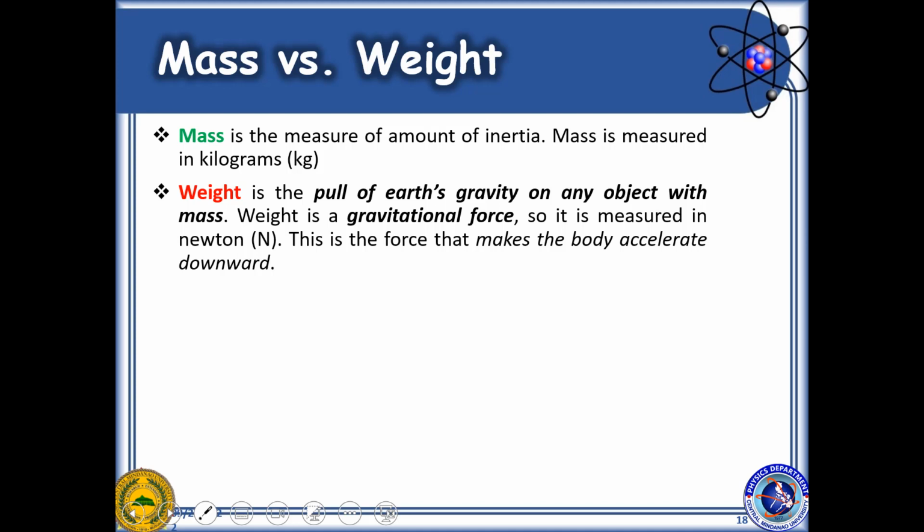Mass is an innate property of matter, while weight is the pull of Earth's gravity on any object with mass. Weight is also known as the gravitational force. It is measured in Newtons. And this force, the gravitational force, is what makes the object accelerate downward.